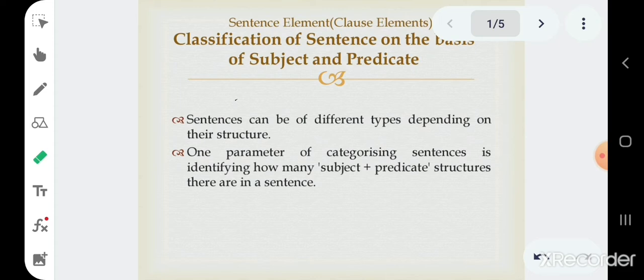Generally, a sentence is classified on many different bases, but the very important and primary basis of classification of a sentence is dividing it into 2 parts: number 1, subject, and second, predicate.